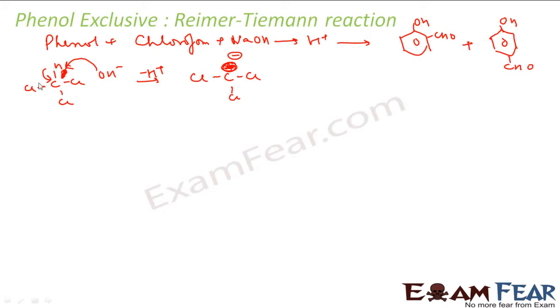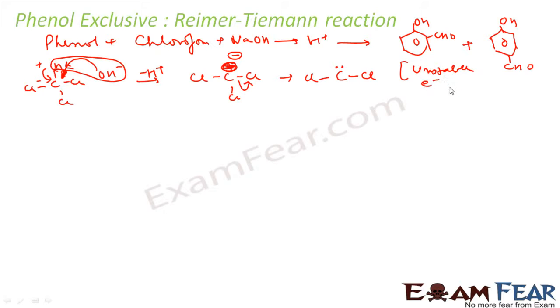Now to get rid of the negative charge, I don't have any acid here, any H plus to compensate. This chlorine will say, okay, I'll go off. With that, what you get is a carbene. This is a carbene, right? It's a chloroform carbanion actually. This is unstable.